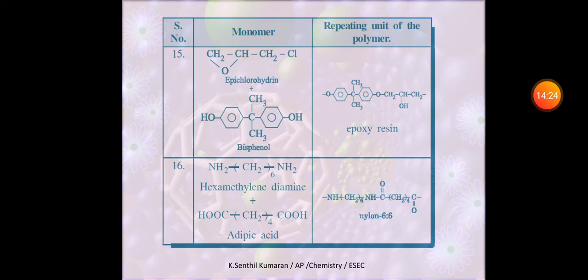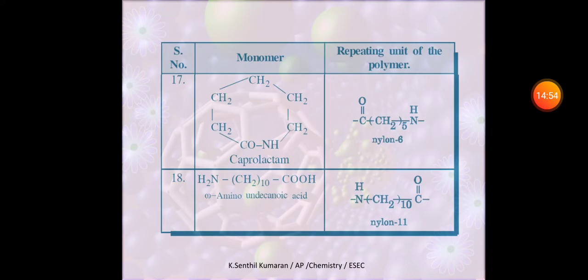It is also one of the condensation polymerizations. So hexamethylene diamine reacts with adipic acid to form nylon 6,6 with elimination of a small molecule like water. The hydrogen from the amine group and OH from the carboxylic group condense to form nylon 6,6 and water.